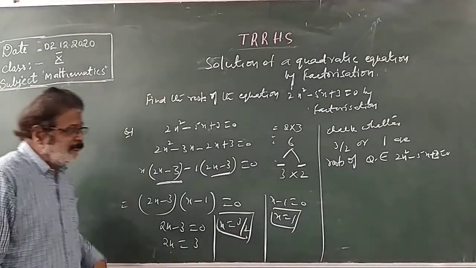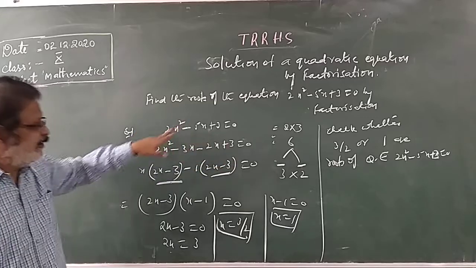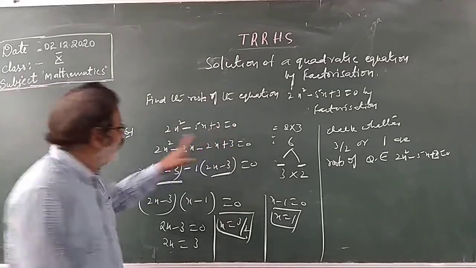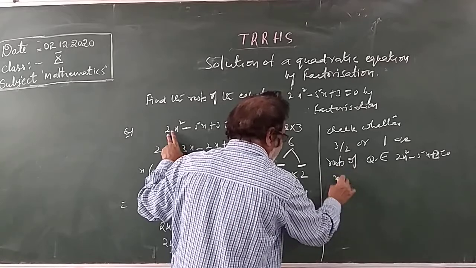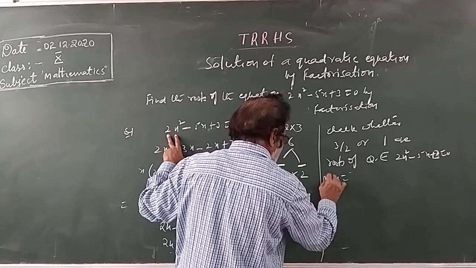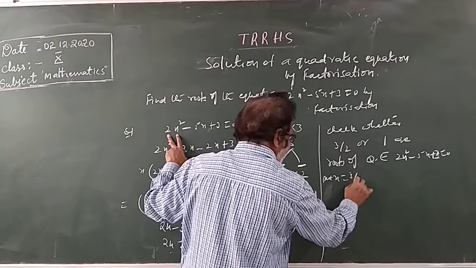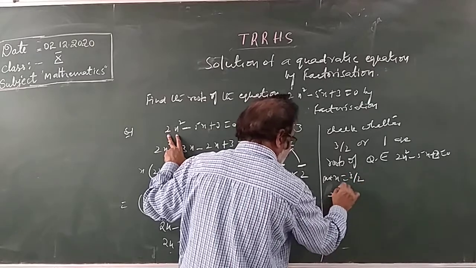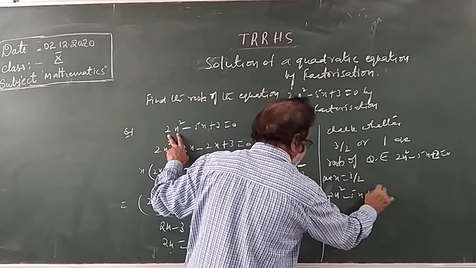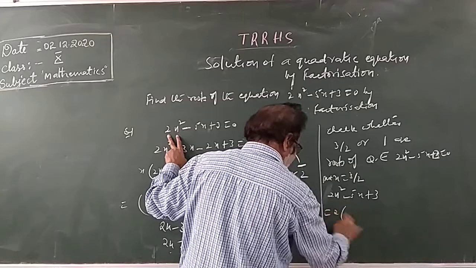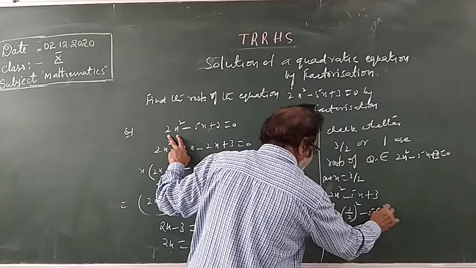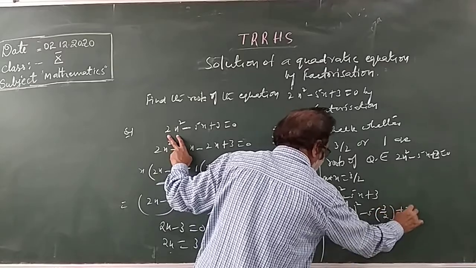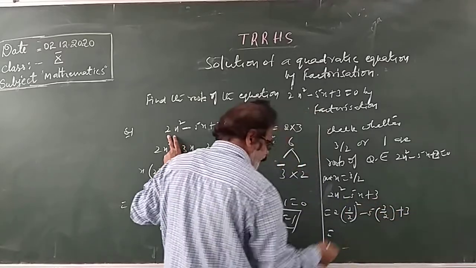How to check? When you substitute these roots in the given equation, you should get 0. Take this equation 2x square minus 5x plus 3. Put x equal to 3 by 2: 2 into (3 by 2) square minus 5 into (3 by 2) plus 3. You should get the answer 0.